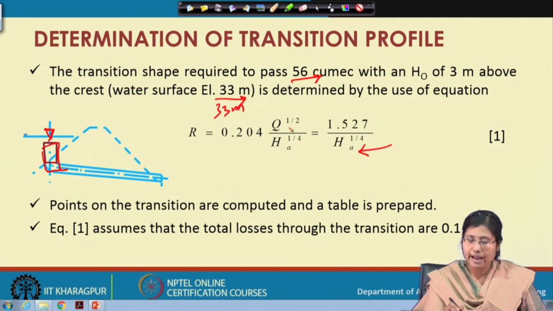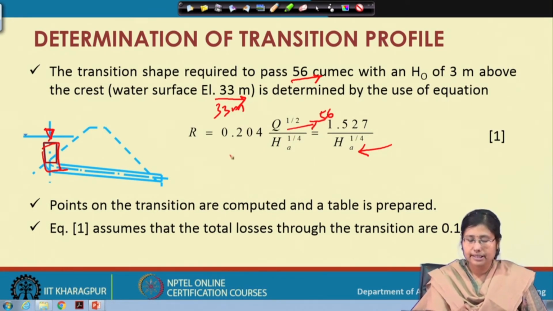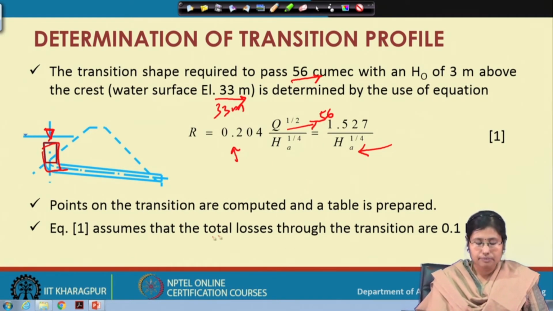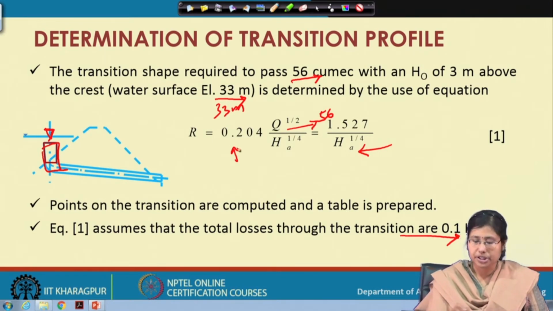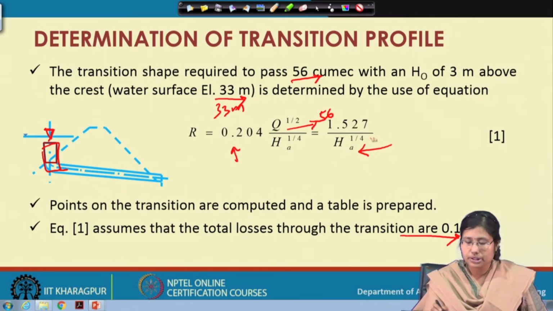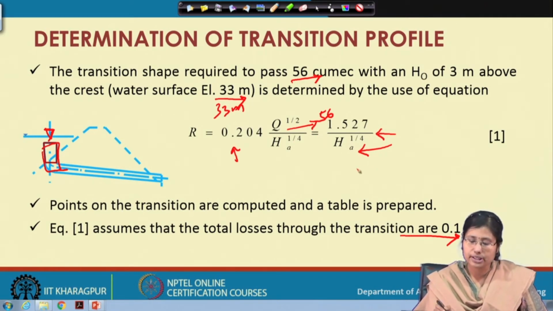You plug the value of 56 cubic here. This equation assumes the total losses through the transition are 0.1 times Ha. So, once you plug the 56 value here, you get the value of R as 1.527 divided by Ha.